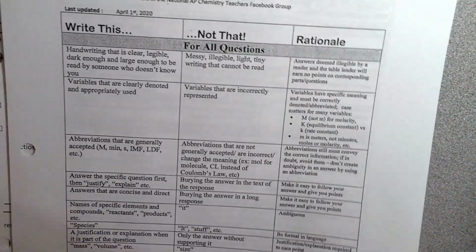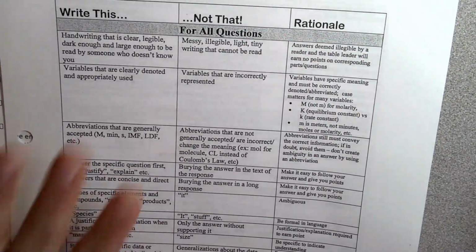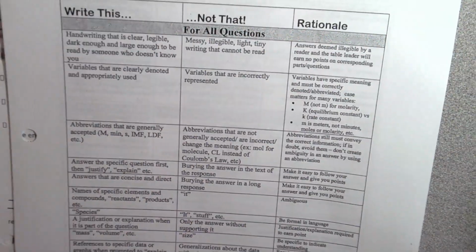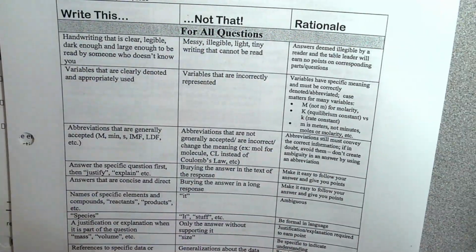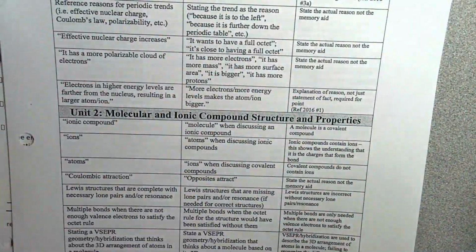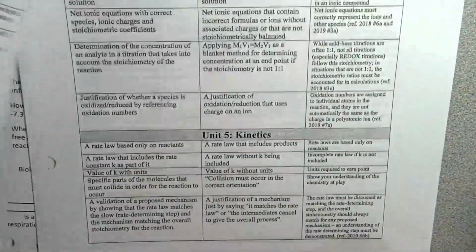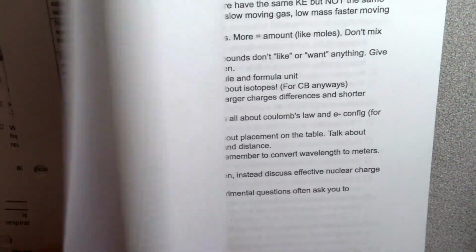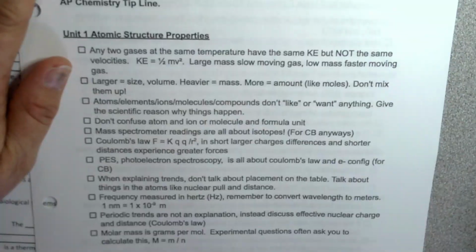Then the next one is kind of the write this, not that. So as you're thinking about free response questions, these are the things you should not write. Here's how you should approach those questions. So there's a bunch of them. There's just kind of general ones and then broken down by unit. And then finally, this last one is kind of key points from each unit.